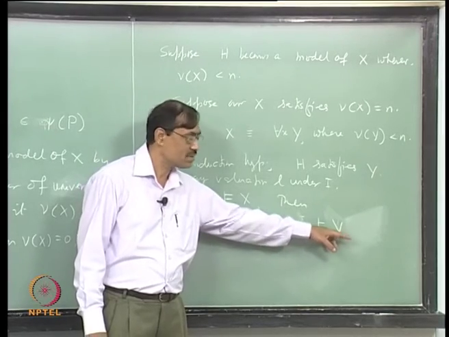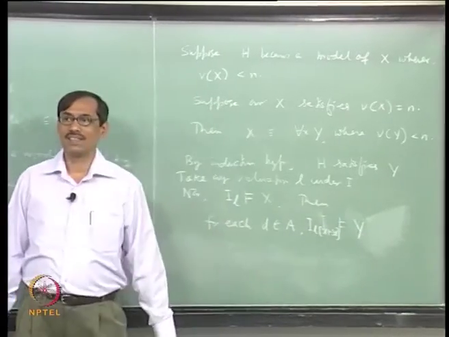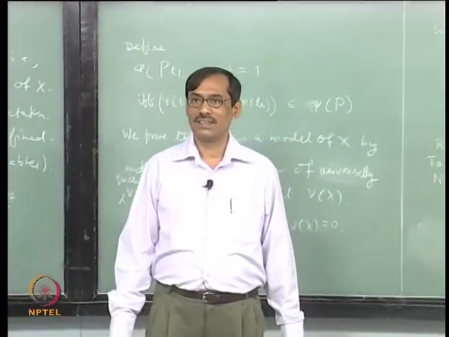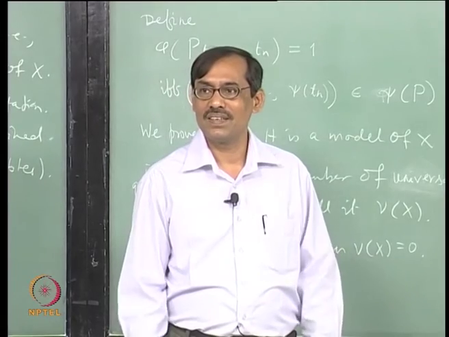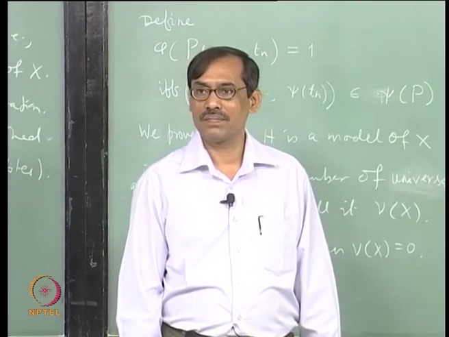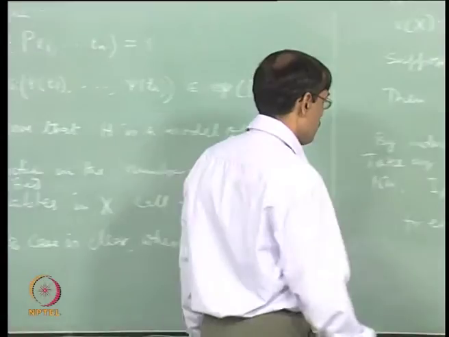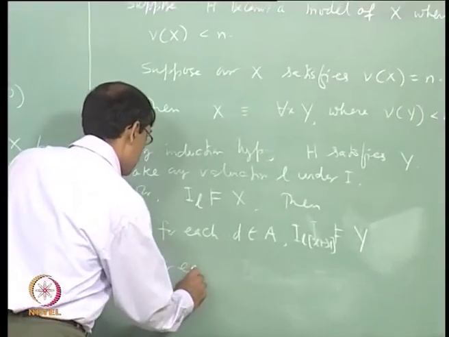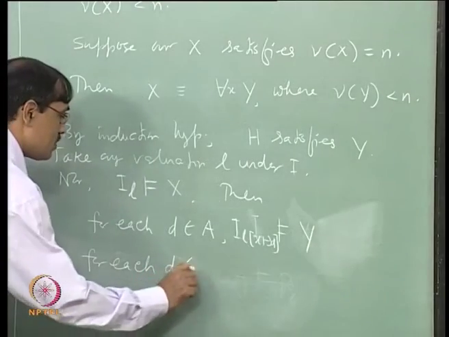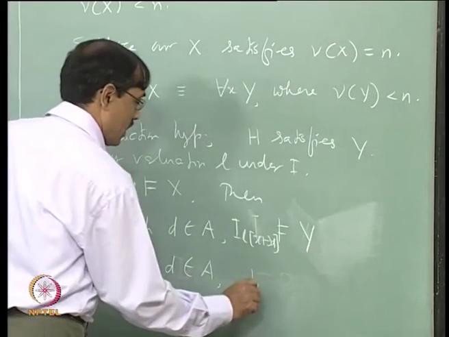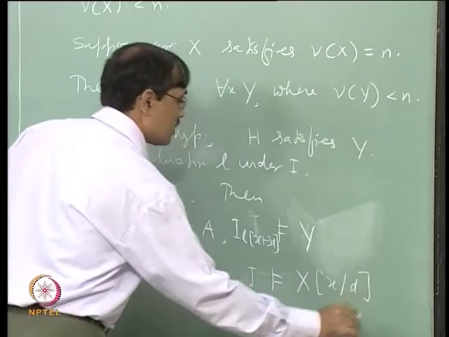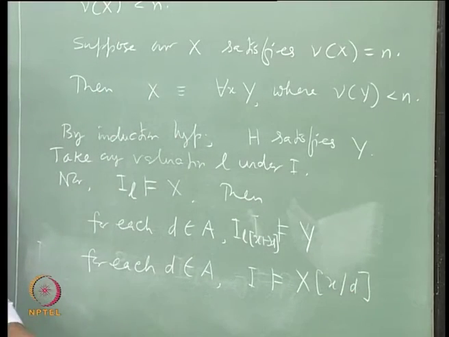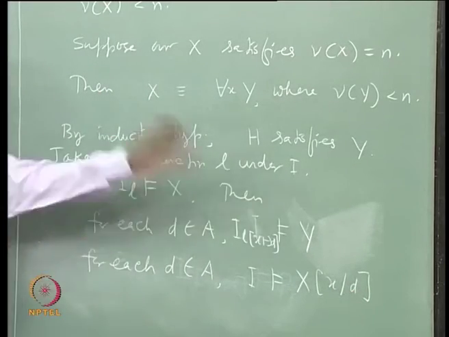So, you are really substituting that term in y instead of x by D. That is how we can write informally as x by D itself. This is the reason. Is it clear? So, you may say for each D in A, I satisfies x by D. So, it is really x by t and psi of t equal to D.